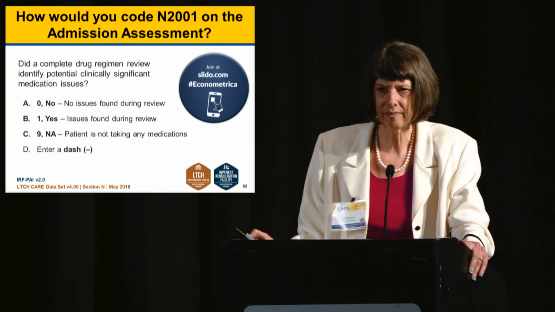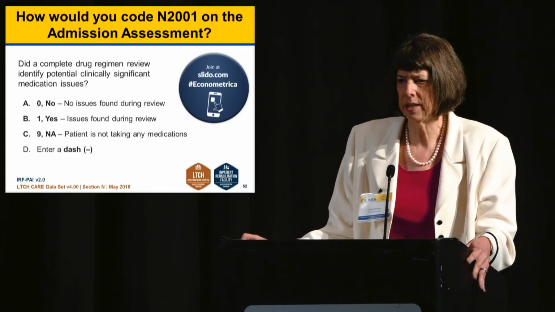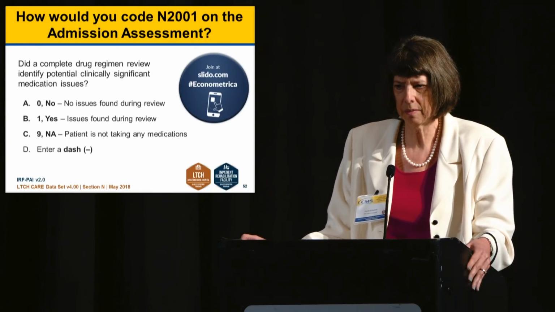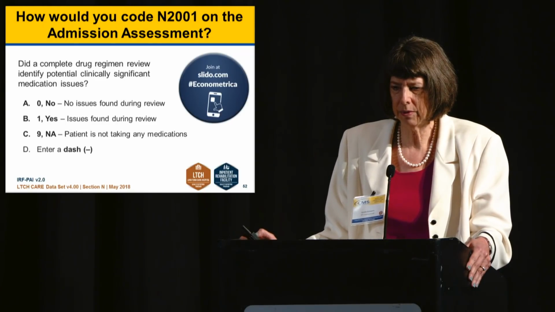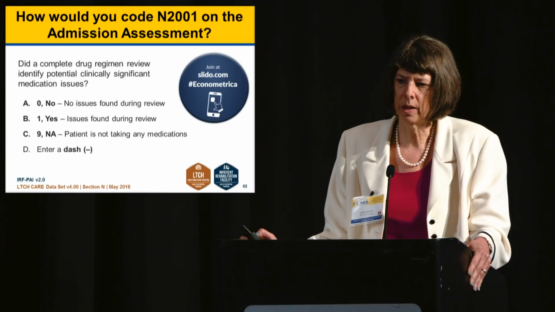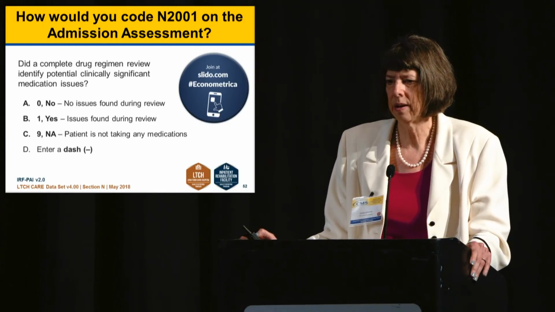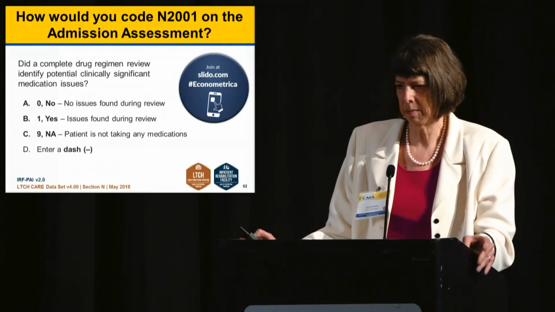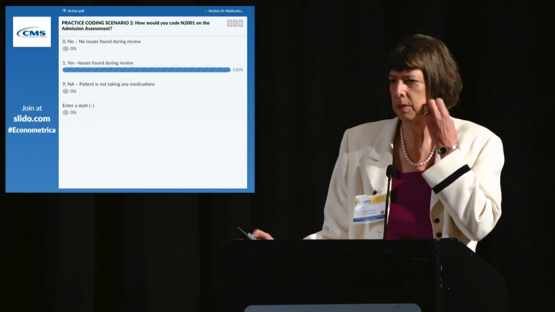So, how would you code, did a complete drug regimen review identify potential clinically significant medication issues? Would you say 0, no issues were found during the review, or 1, yes, issues were found during the review, or 9, NA, patient not taking any medications? So how are you going to answer this one?